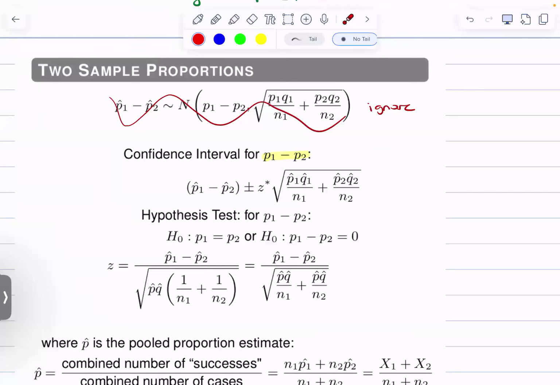If you ignore anything with a subscript 2 temporarily, that looks exactly the same as one sample proportion. You can convince yourself by flipping to the front page of your formula sheet, and I've got spares if you don't have yours, because it might be nice to have today.